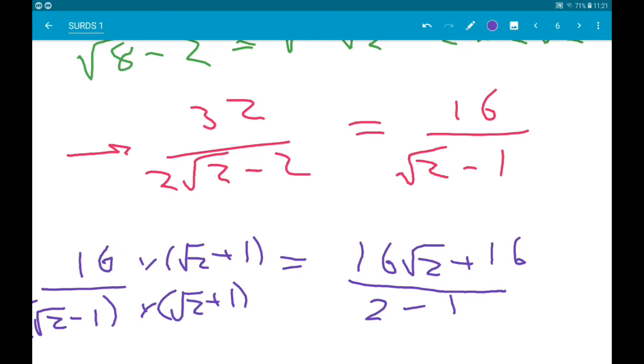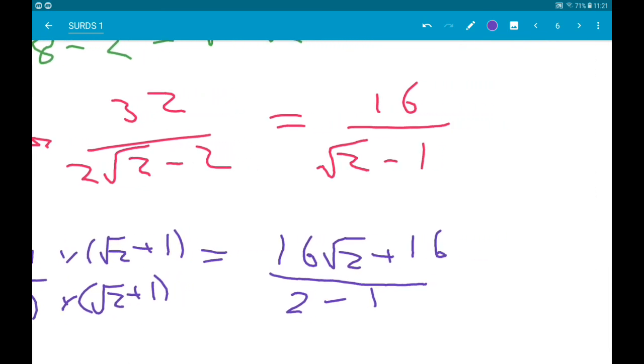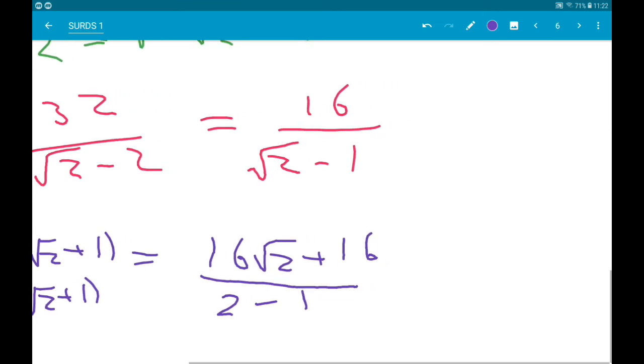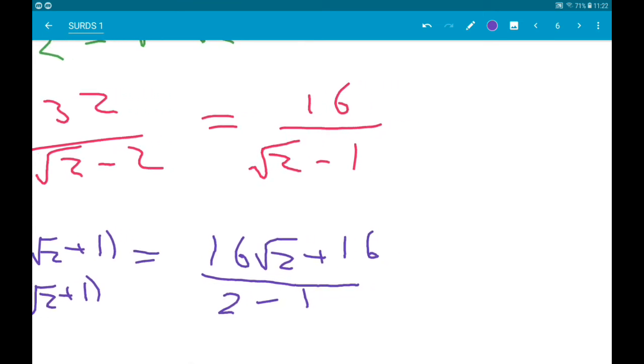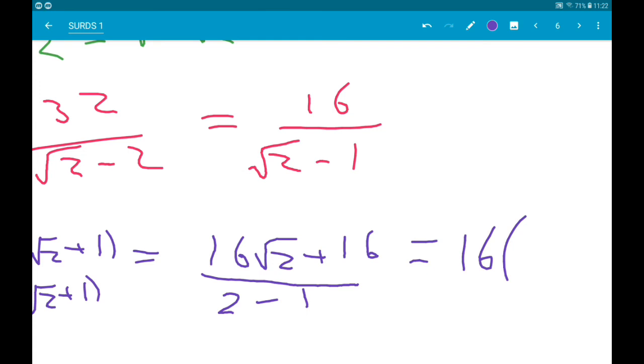So, that then is just 16 root 2 add 16 over 1, which is just 16 root 2 add 16. So finally, we can write this as 16 times 1 add root 2.